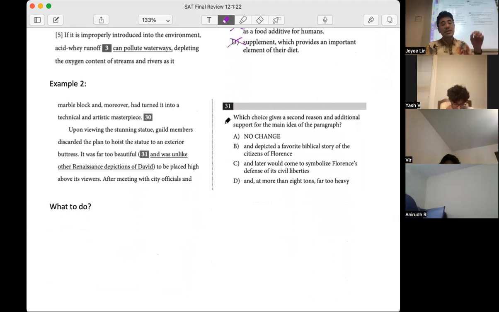So now this one says, which one gives a second reason and additional support? So this one's slightly different. They're asking you to add a second thing. So if they ask for a second thing, do you know what the implied instructions are? There's implied instructions here again, because SAT doesn't want to be clear with you.